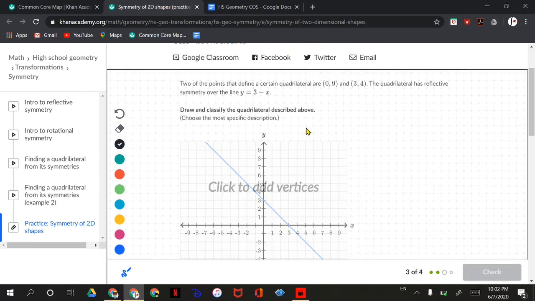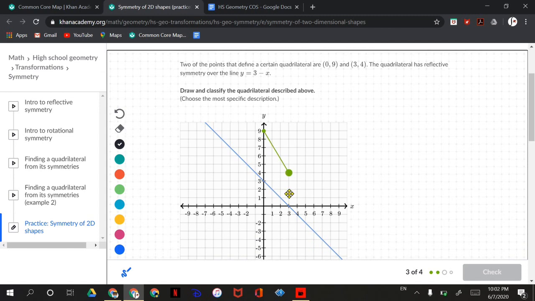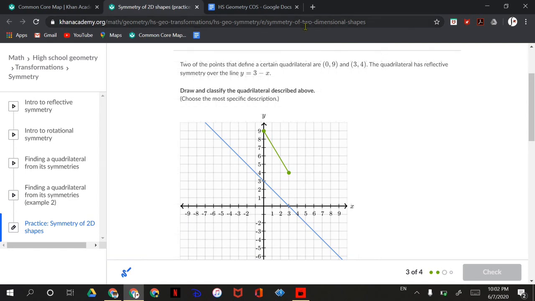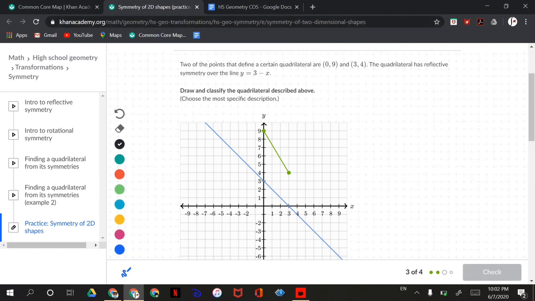So it's been reflected over the line y equals 3 minus x. And like I said before, since the slope is -1, you take the perpendicular of that, which is 1, and then you can just count. So you can see that it goes 1, 2, 1, 2.